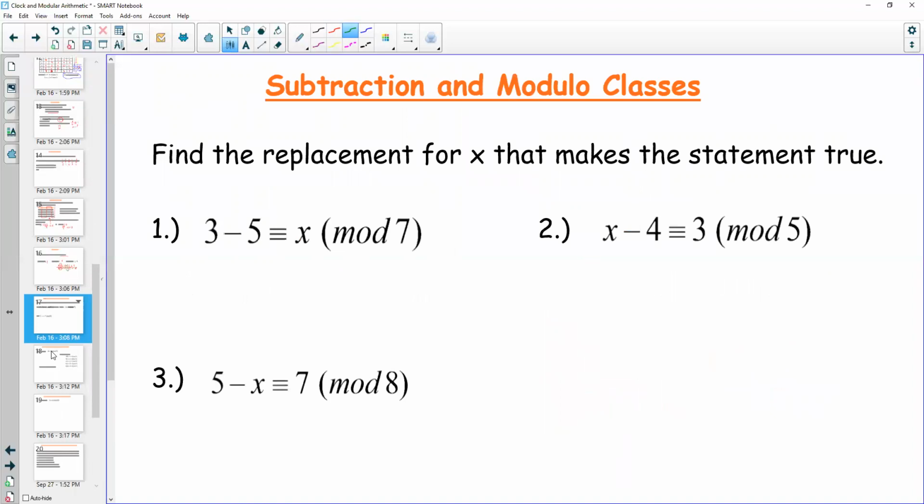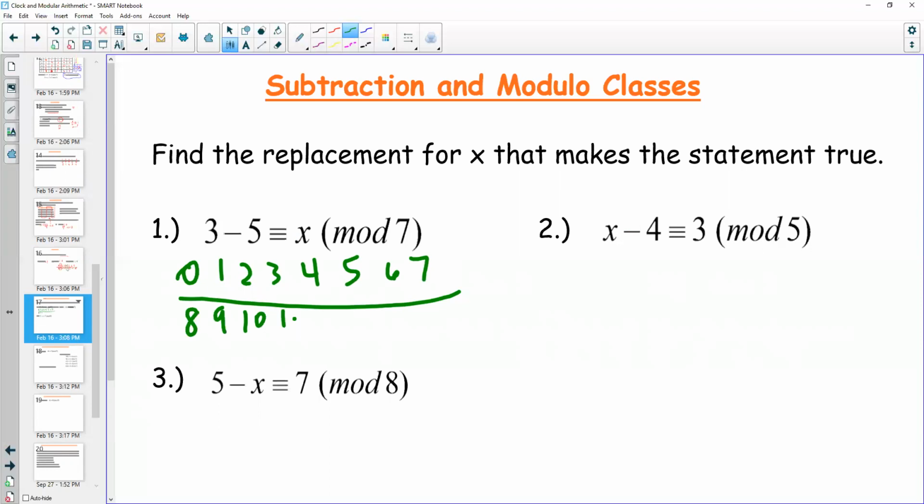Let's figure out how to make the statement true. The way we do this is we can think in that mod, okay? So we're going to do mod 7 here. 1, 2, 3, 4, 5, 6, 7. So here's the problem, right? I have a 3 minus 5, but where's 3? Well, you can start in any place in that class. So I'm going to start somewhere in that class, just not here.